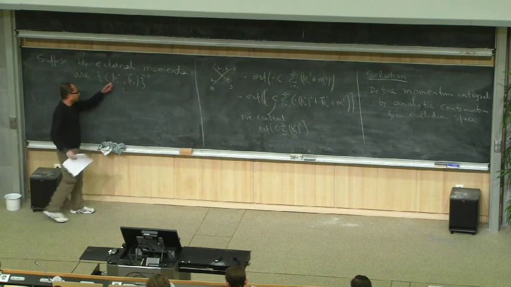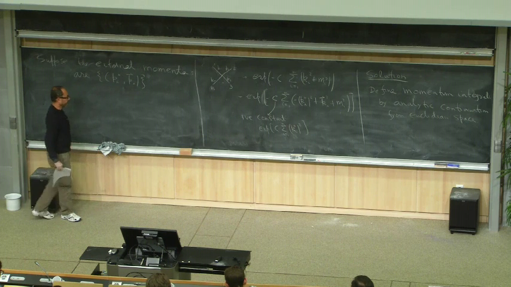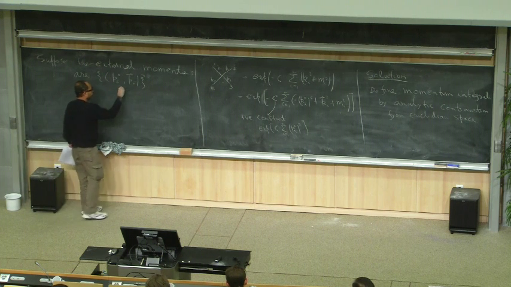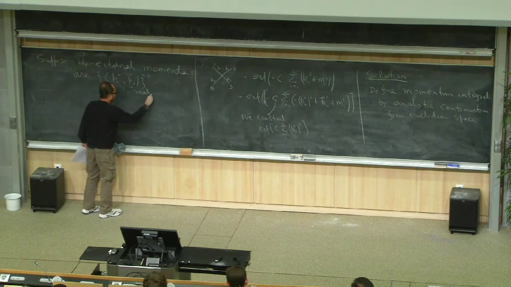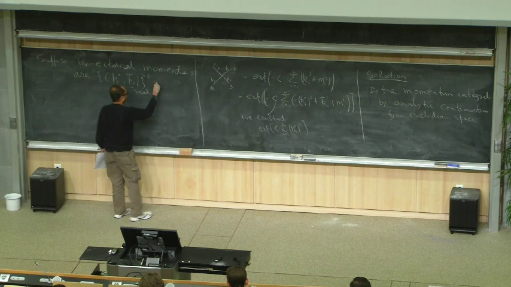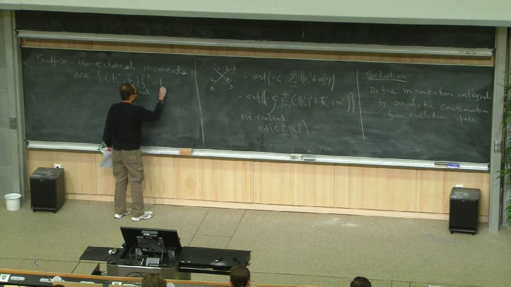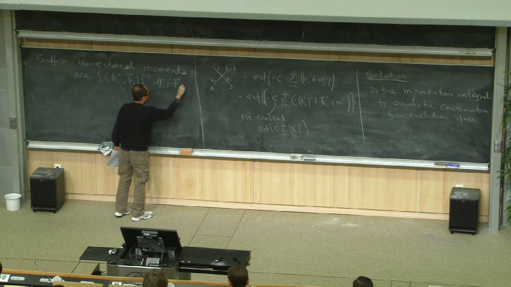This is the 0 component, this is the spatial component, and these are all real. Of course, they satisfy the on-shell condition that p_i0 squared minus p_i squared equals m_i squared. So this is Lorentzian external momenta.